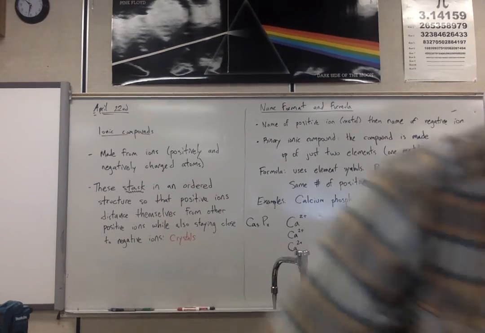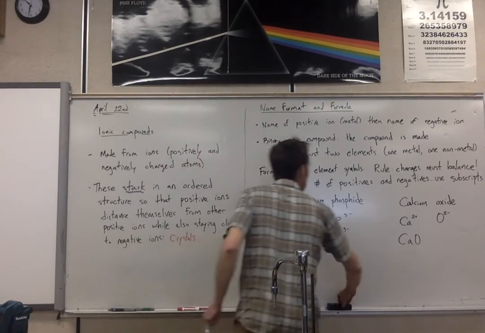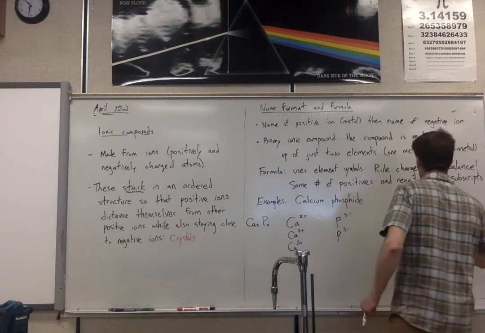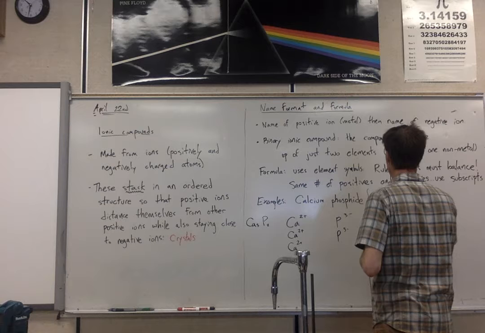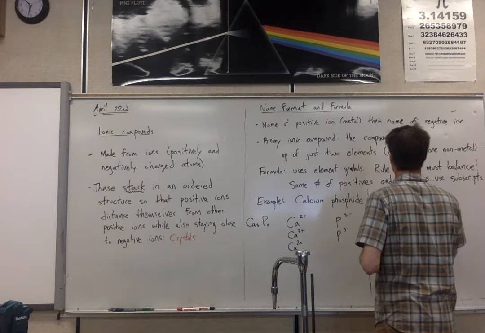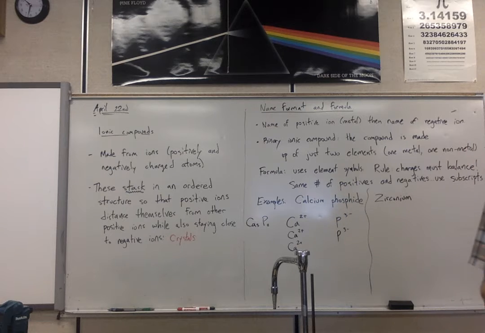So we've taken some zirconium, and we combine it with oxygen. The name shouldn't be too hard to come up with. The name for the positive ion is just the name for the element already.